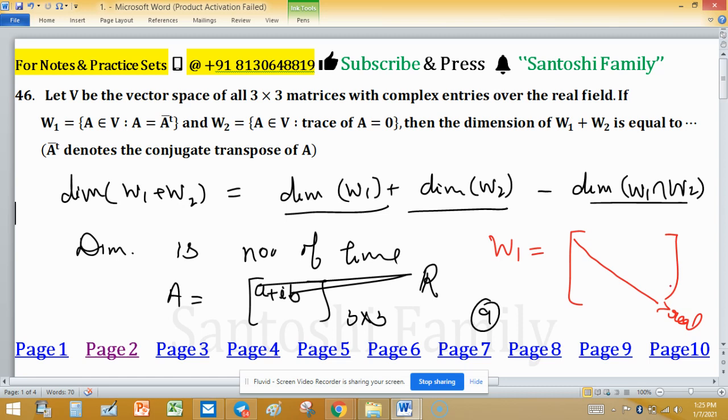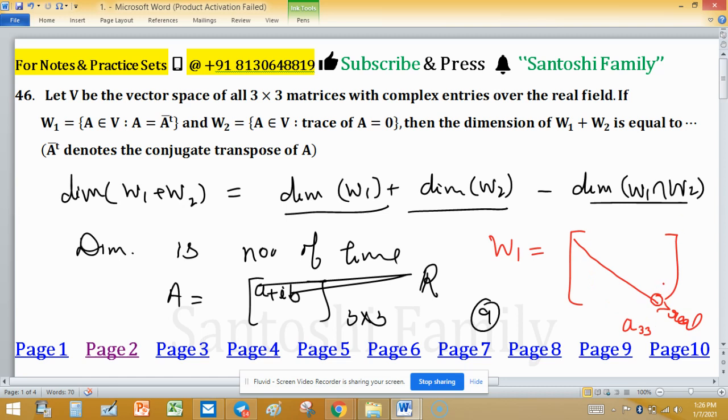Here the last entry is A33, and this A33 is a real entry.